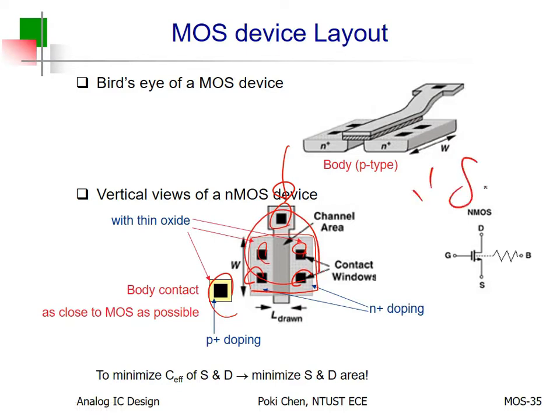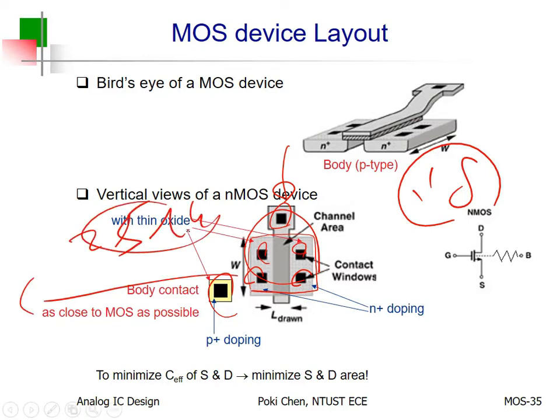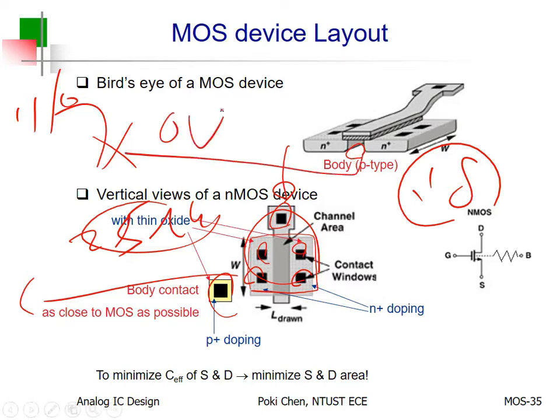For 0.18, yeah, it can be allowed around 25 micron far away. It doesn't make any sense for an analog IC designer. Okay, because if your body contact is here, you ground it. Don't tell me the channel will get exactly the same 0 volt for bias. No. Okay?